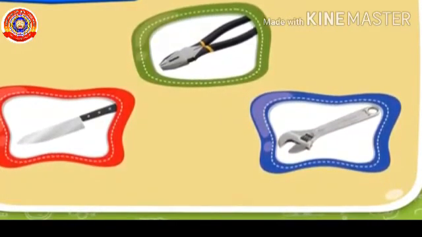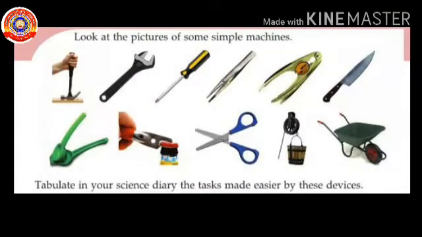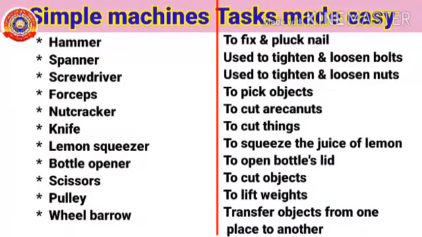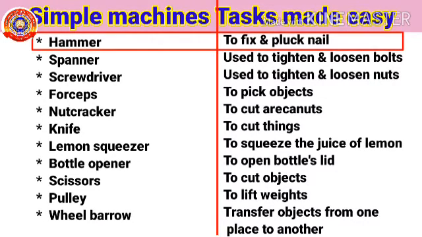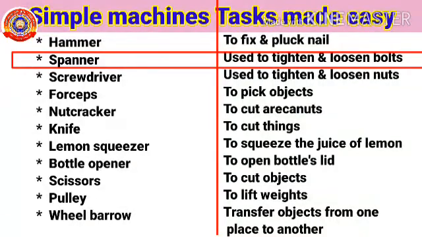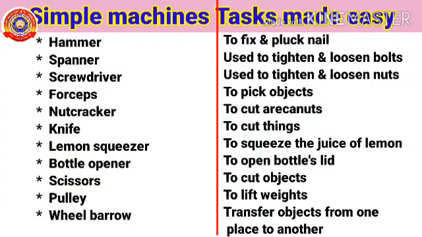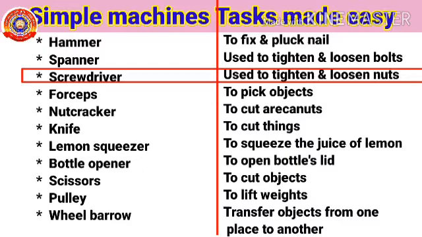Now, look at the pictures of some simple machines. Tabulate in your science diary the task made easier by these devices. You may tabulate it like this. Simple machines, task made easy. Hammer, to fix and plug nail. Spanner, used to tighten and loosen bolts. Screwdriver, used to tighten and loosen nuts.